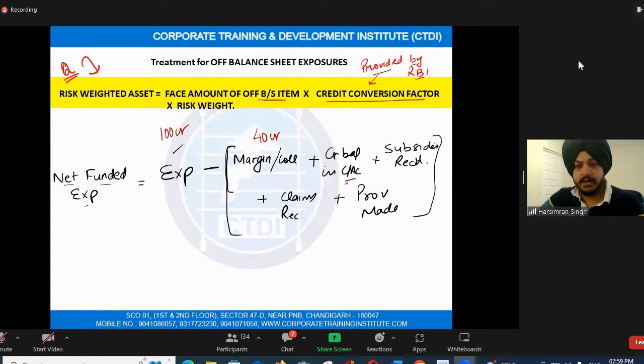In his current account, there is a credit balance of 5 crores. So basically, 100 you have given, 40 is with you, 5 is with you. Any subsidies received by government, 5 crores, let us say. This is also with you. These are subsidies received by the bank pending adjustments. Any claim received, let us say 5 crores. Any provisions made, let us say 5 crores.